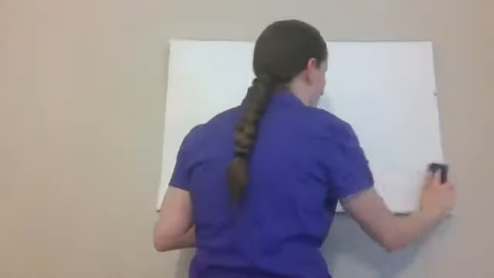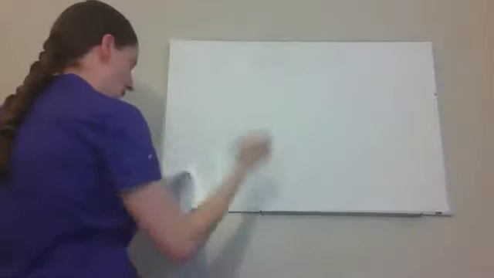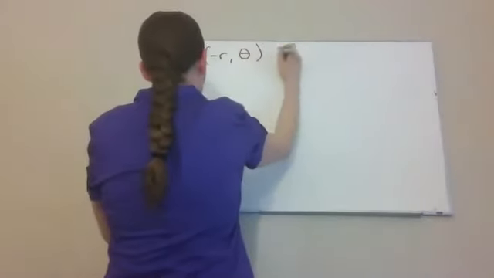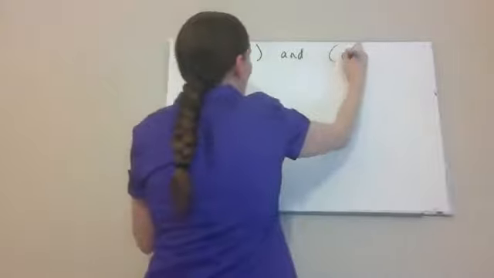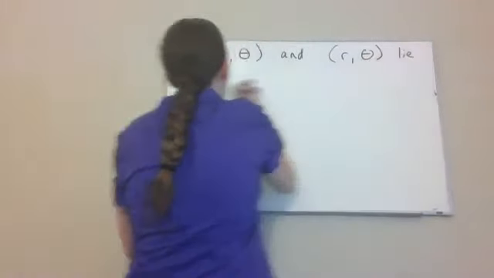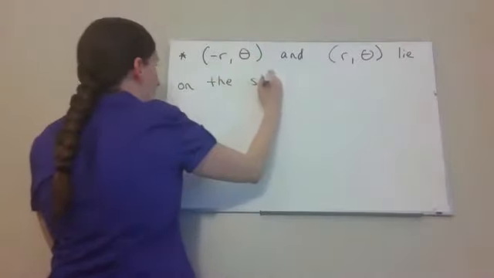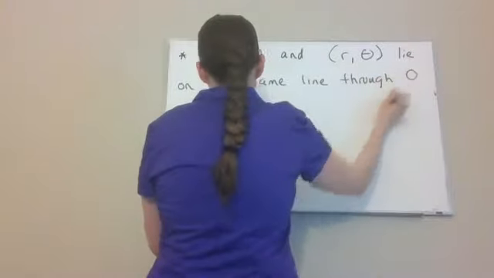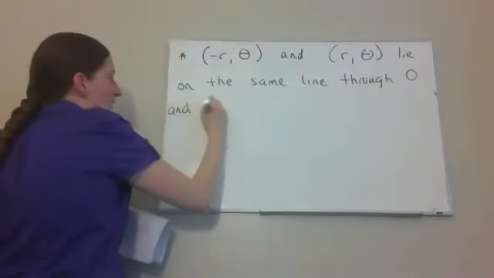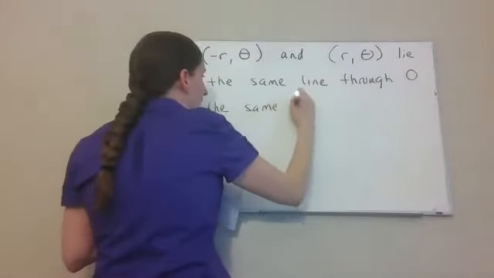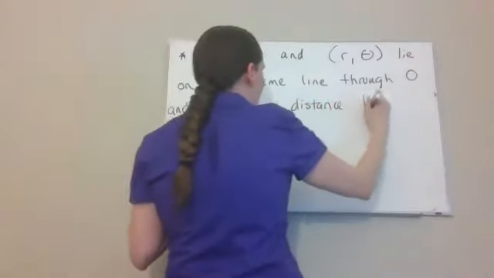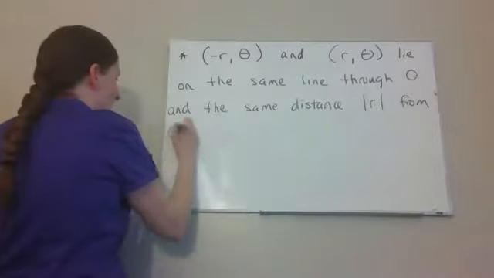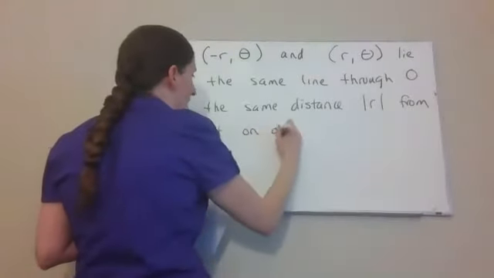So what I mean by that, we agree that (negative r, theta) and (r, theta) lie on the same line through O, and the same distance, absolute value of r, from O, but on opposite sides.